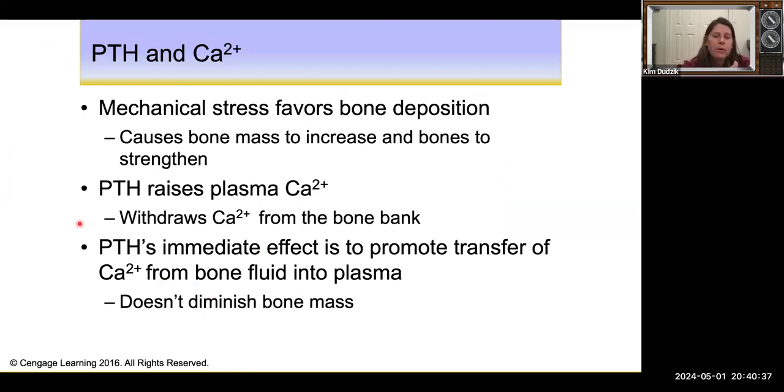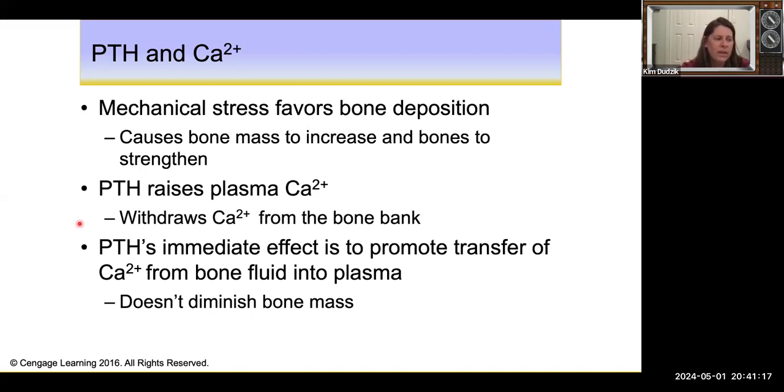Another thing to remember about bone is that mechanical stress favors bone deposition. What is mechanical stress? That means putting pressure on your bone, anytime that you lift something heavy or you are running. That increases the osteoblast capacity to increase the mass of the bones, and it causes them to strengthen.